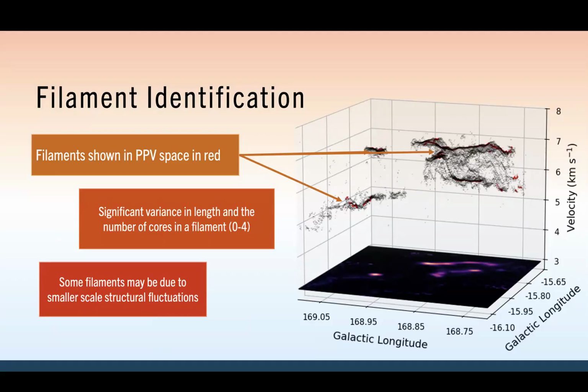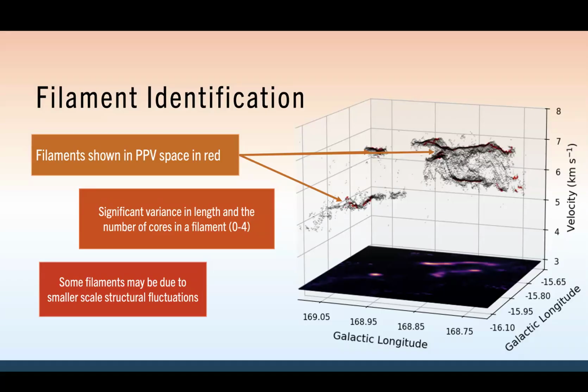It's a bit tricky to see on this projector screen, but I've pointed out some of those filaments, which are now shown in red. So you can see a few of them down here, and then a few mostly on the top, and one down here. So there is a huge variance in the length of the filaments and also in the number of cores in each filament. Some of them have no cores, and the one on top, which we'll see in the next slide a little bit better, has 4 cores.